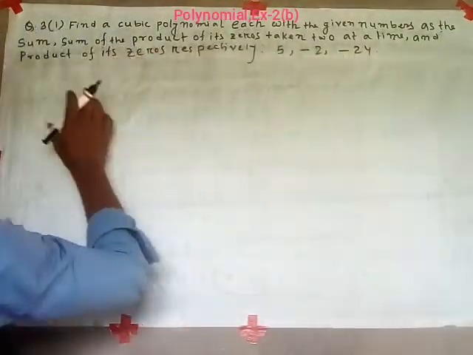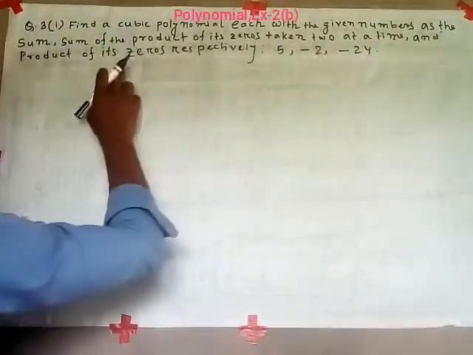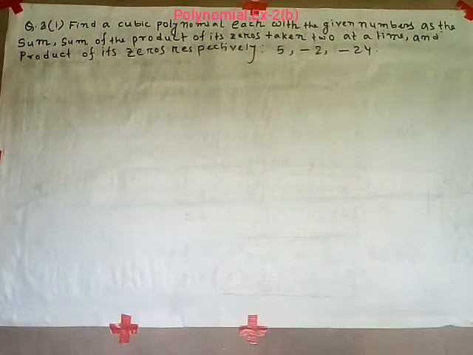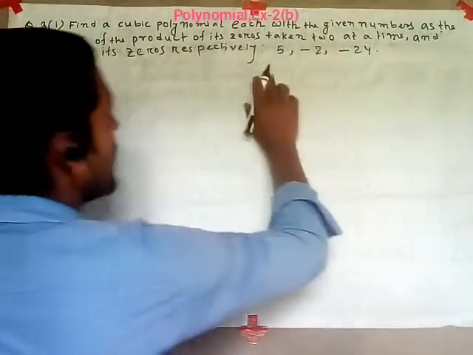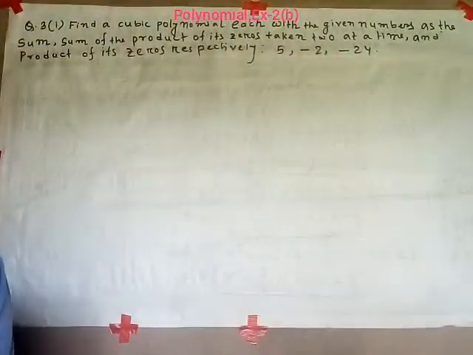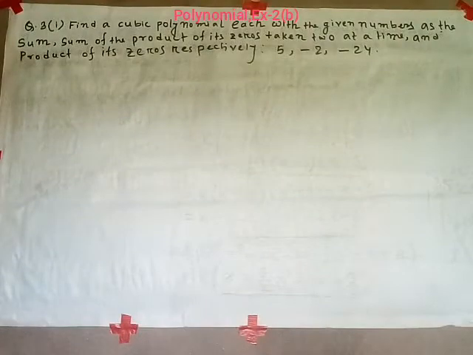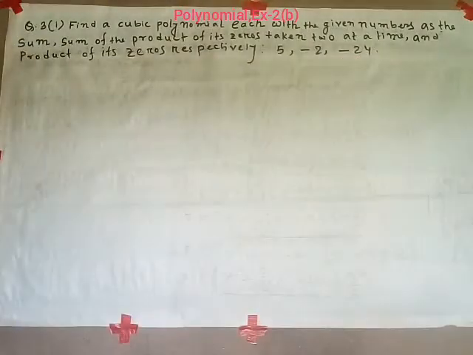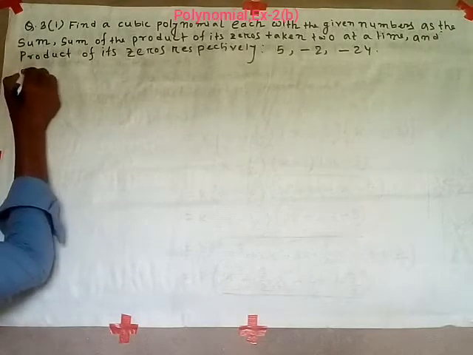And third part, product of its zeros. It means alpha into beta into gamma, the product of the zeros of the cubic polynomial. According to this question, alpha beta gamma is given as minus 24. So let's start the solution.